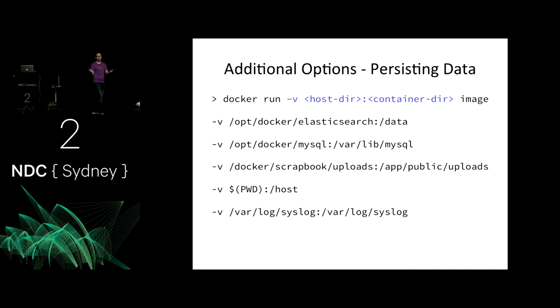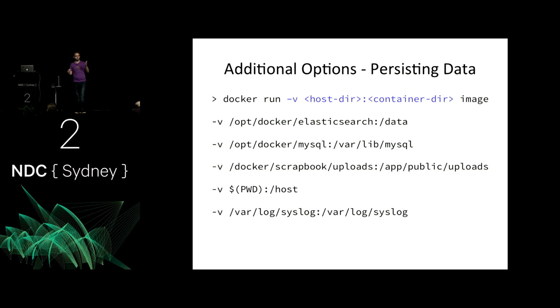Because when you move the container or you upgrade the container, the data will go with it. And as such, you'll lose all the data, which I did, and it's embarrassing, and you don't really want that to happen. So instead, when you launch a container, you can specify a volume to map in using the -v. And so you say, point a directory on my host to actually be in a directory inside the container.